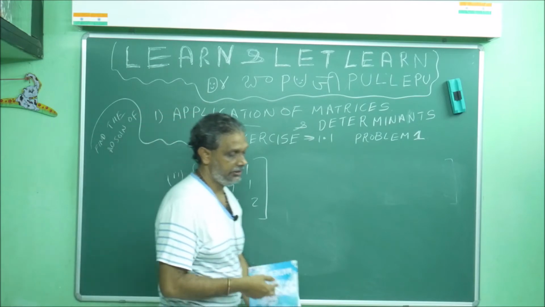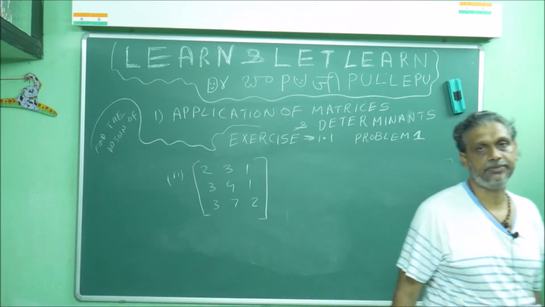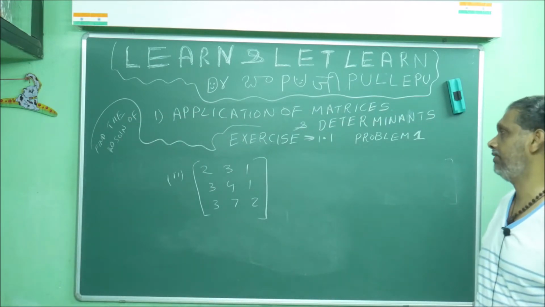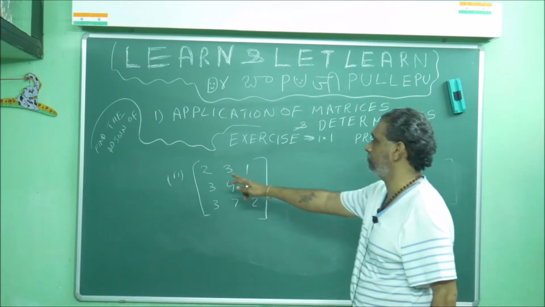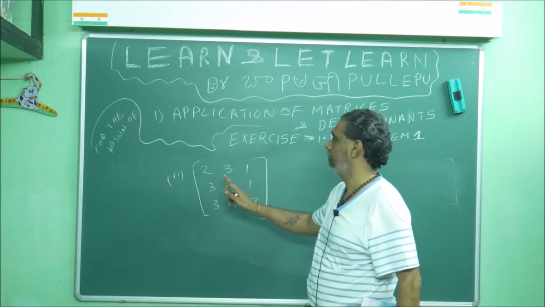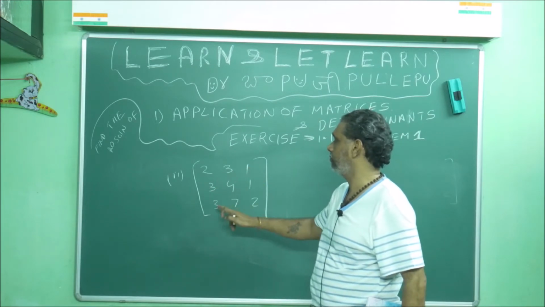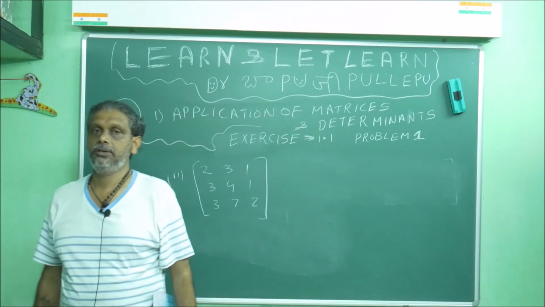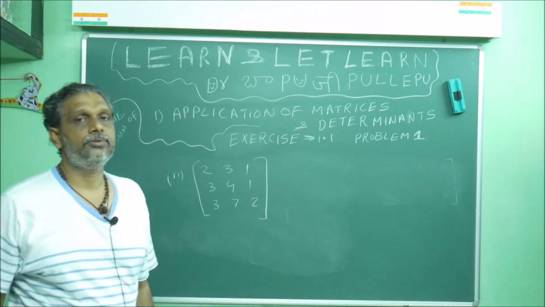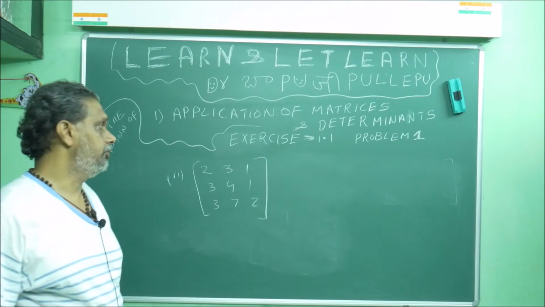The second problem is a 3 by 3 matrix. For a 3 by 3 matrix, first find the cofactor of all the elements: the cofactor of 2, of 3, of 1, of 3, 4, 1, and of 3, 7, 2. Then take the transpose. The transpose of the cofactor matrix of A is equal to the adjoint of A. Getting it or not? So I will do it slowly.